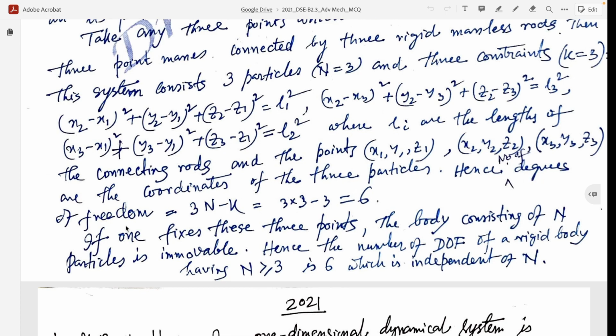Hence, the number of degrees of freedom by the formula is 3N − k. So here 3 particles, 3 into 3, and number of constraints k, so minus 3.